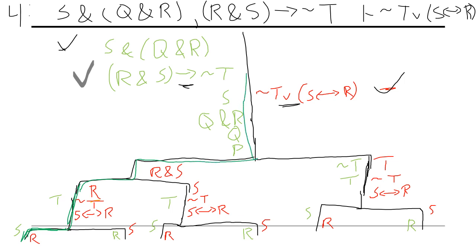Looks like it is open. Now, this one I see is closed because I've got R here and an R here. This next one, I've got an S here and an S here. So that one's going to be closed.